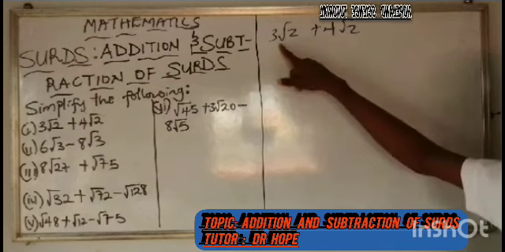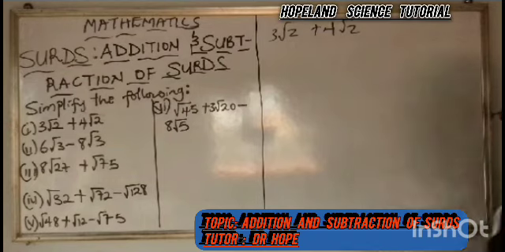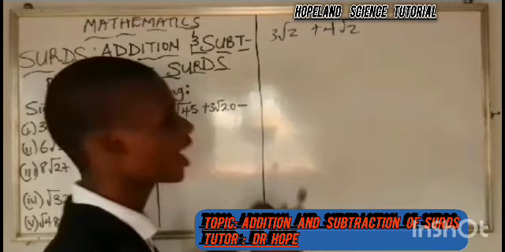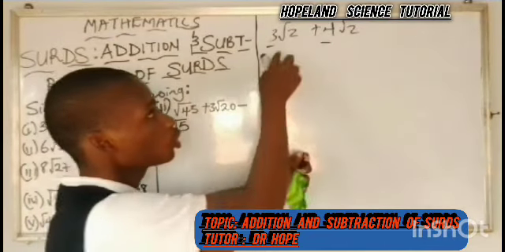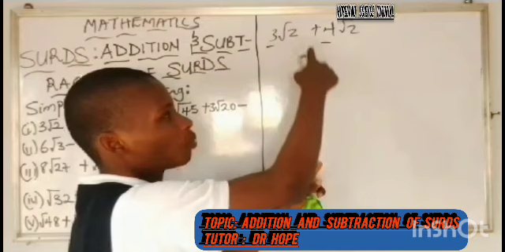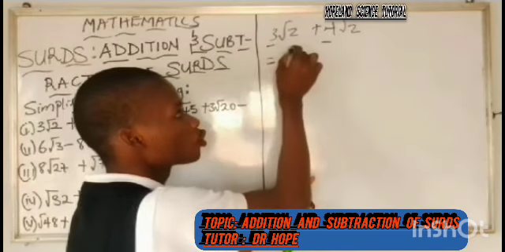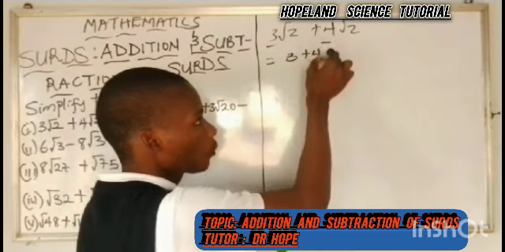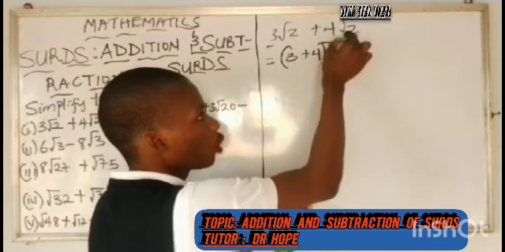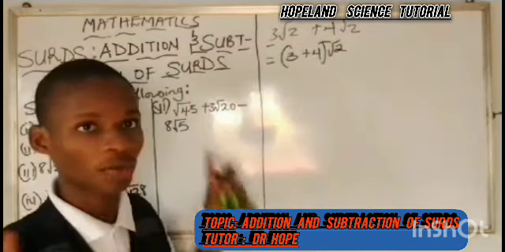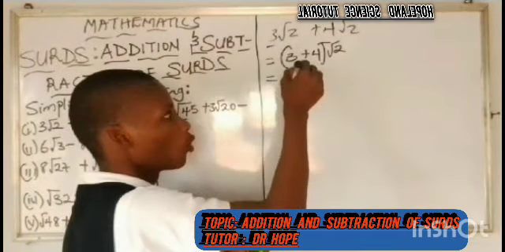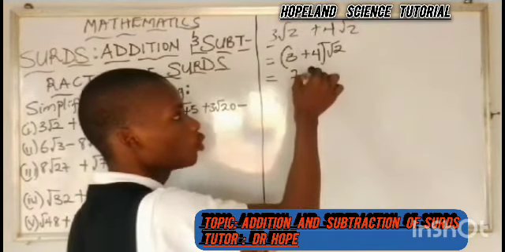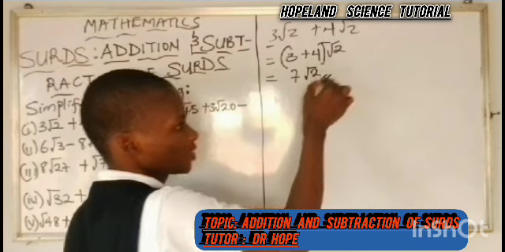So if you are to add 3 root 2 plus 4 root 2, we just add 3 and 4 and keep the root 2. So 3 root 2 plus 4 root 2 equals (3 plus 4) root 2. Just pick one of the roots. 3 plus 4 gives us 7, so 7 root 2. That is the answer.